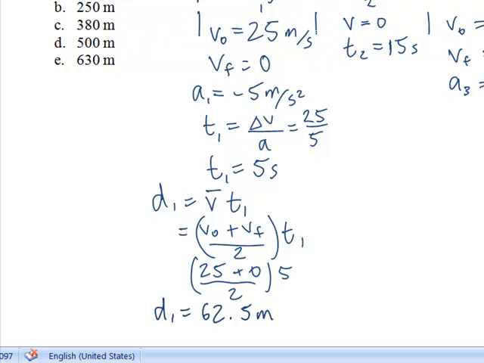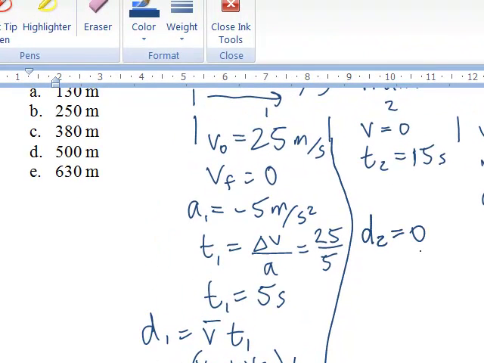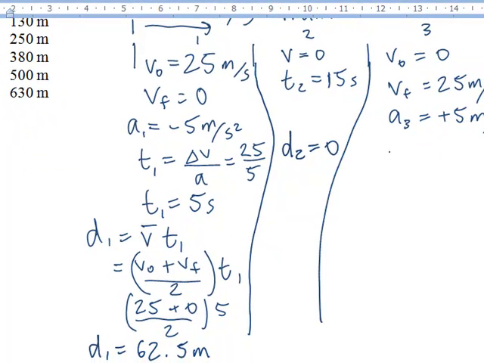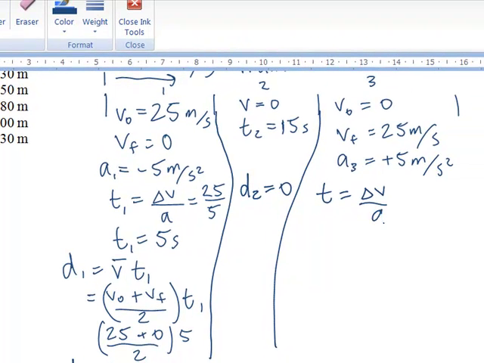Okay, so that's segment 1. If we look at segment 2, the distance there is just equal to 0. If we look at segment 3, the time, again, is equal to delta v over a. So that's going to be the same thing, 5 seconds. So this is the time for segment 3.